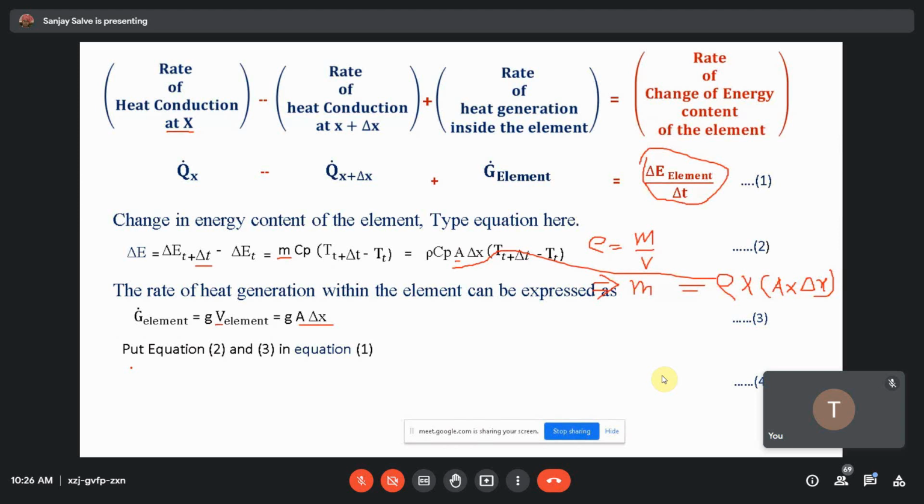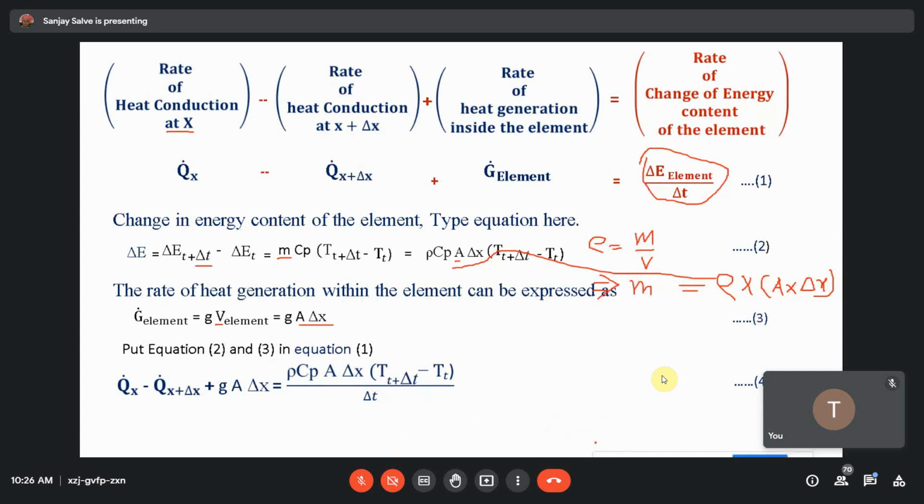All of you do it now. And then you come to know that Q dot x minus Q dot x plus del x plus g into area into del x is equal to rho Cp A del x times T at t plus delta t minus T at t, divided by the small time interval delta t, which I stated in explaining equations 1, 2, and 3.